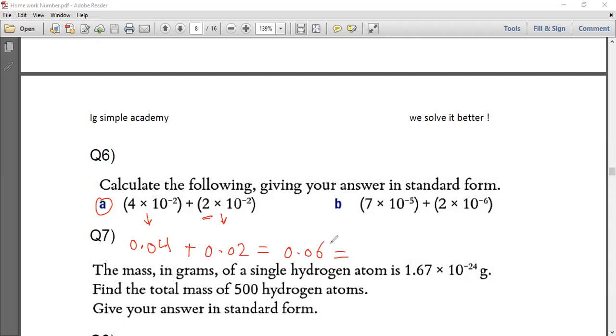And now convert it to standard form. 6 multiply 10 to the power negative 1, 2. Okay. Negative 2? But there is no number after 6, because here you have 2 places.